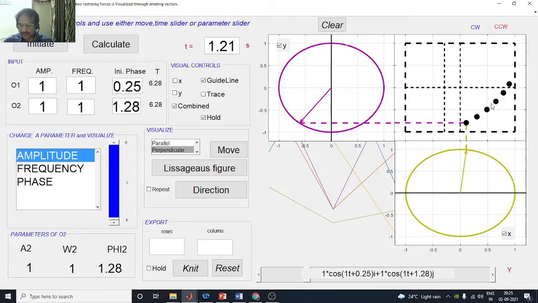So this would be the path of the combined oscillator motion. So I will put a trace also to remember the line, and I will remove this dot now. So that blue line is the actual path as a function of time.